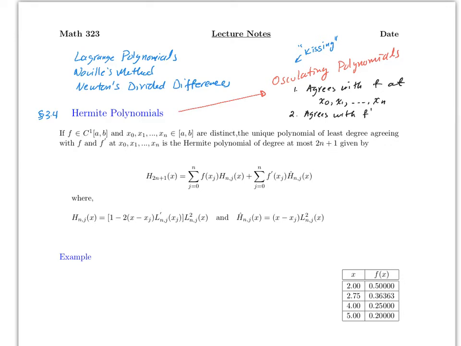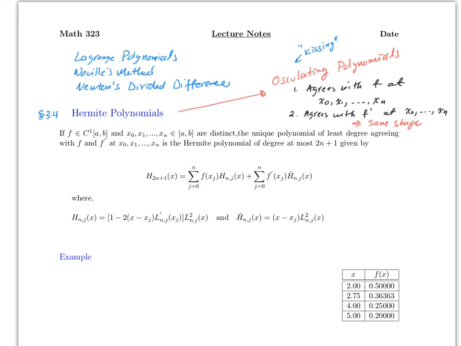So not only does the polynomial agree with the function, but also with the derivative at the points x0 all the way to xn. Because of these two things, the polynomial and the function have the same shape. It doesn't mean they are the same, but they are closer than in the previous sections.